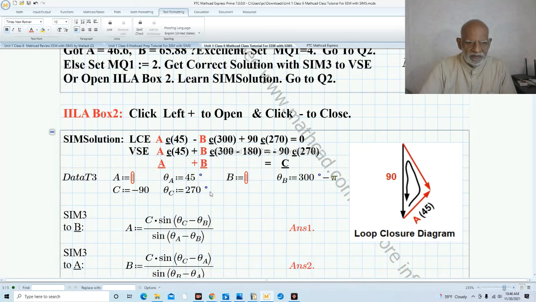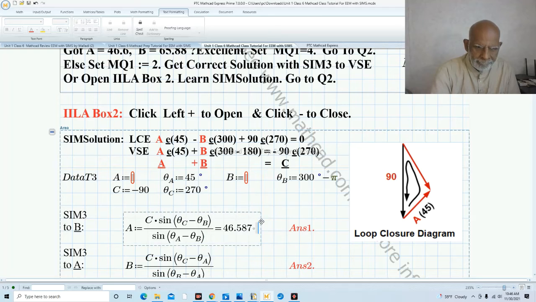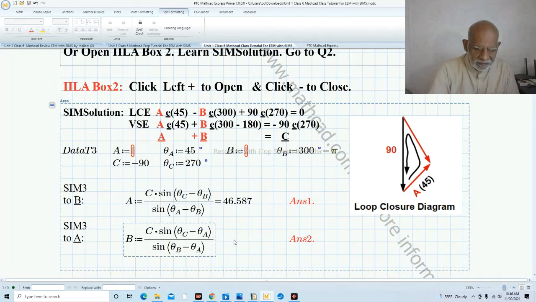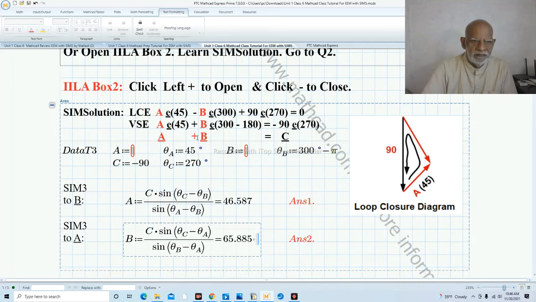So we got it in the standard form, and we can happily solve it. Again, 46, got it. So these are the answers.